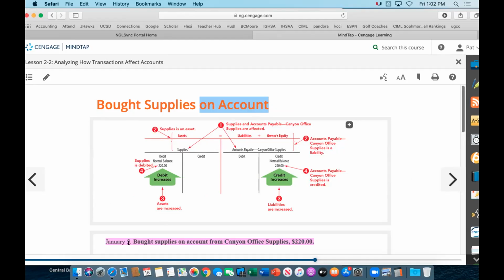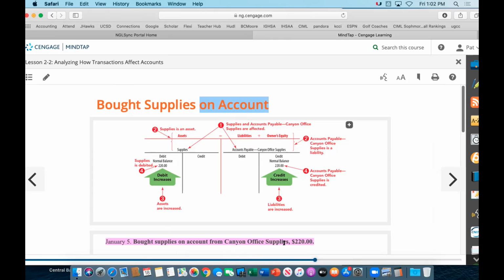So when it says on January 5th, bought supplies on account from Canyon Office, is the word cash used there at all? No. So we are not using cash in the transaction. We've used cash in all 3 of these so far, but not when it says bought supplies on account. What are we buying? What are we gaining? The asset supplies, right? And what's this?